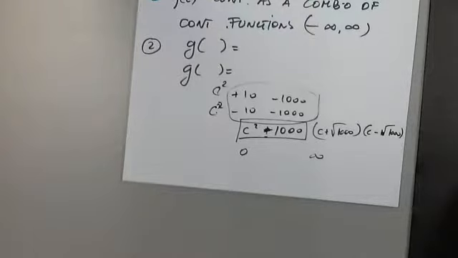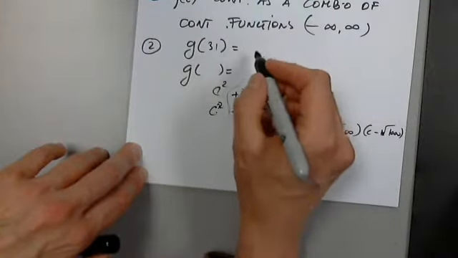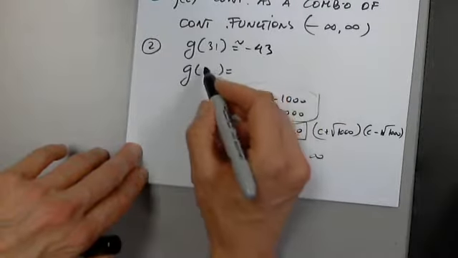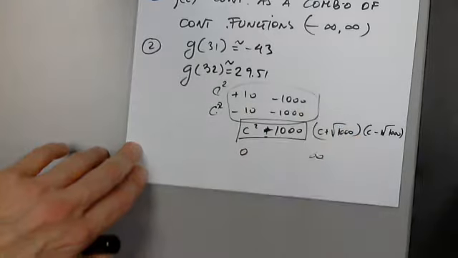So now I can write. So 31 is negative 43 roughly, and 32 is approximately 29.51.